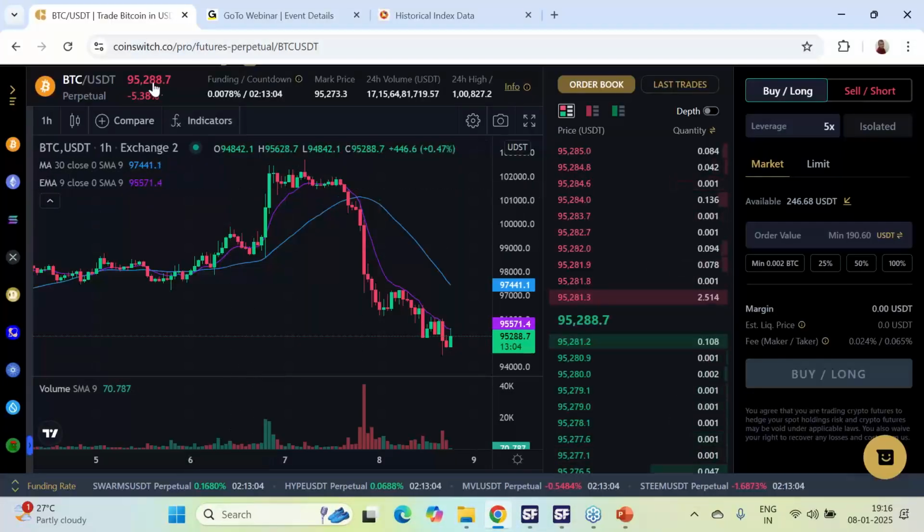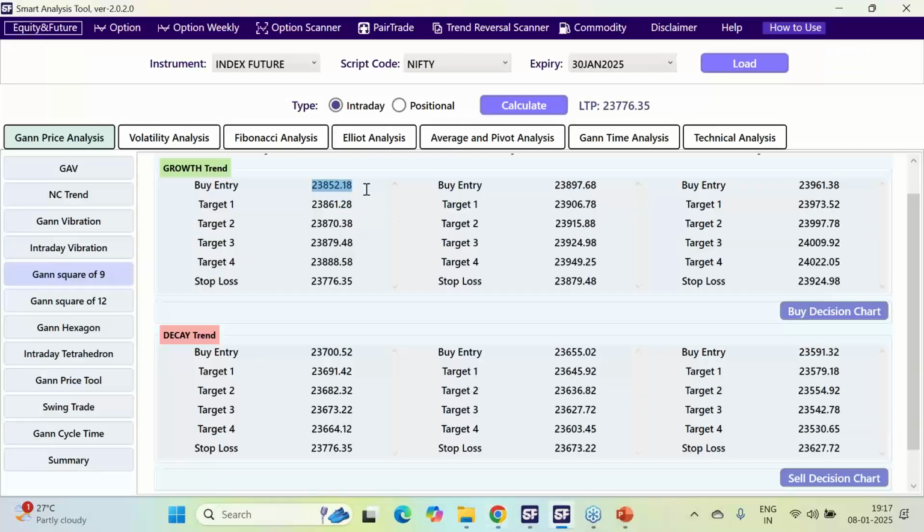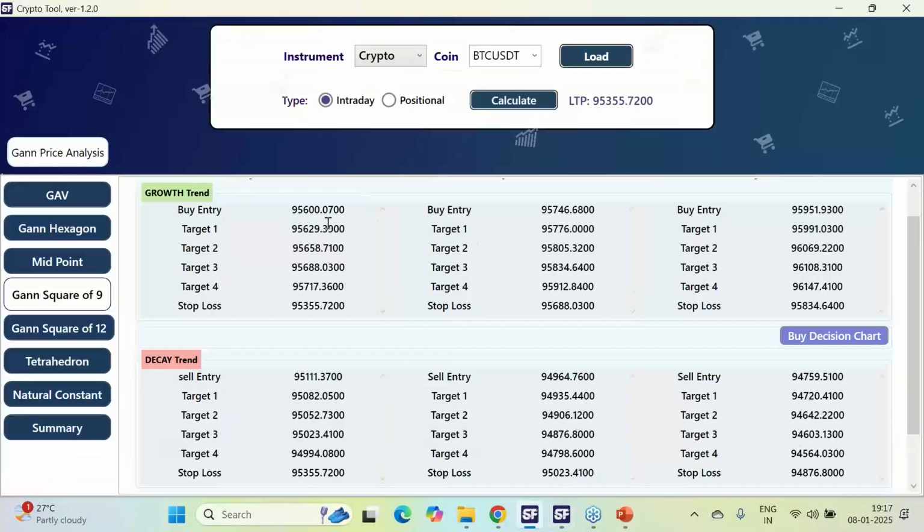Now it is 95,288. So now when we analyze it, it is telling that above 95,600 Bitcoin will be in uptrend, and below 95,111 Bitcoin will be in downtrend.